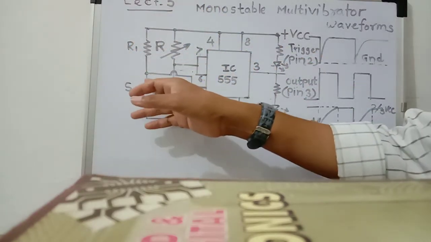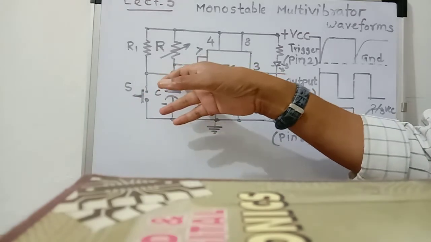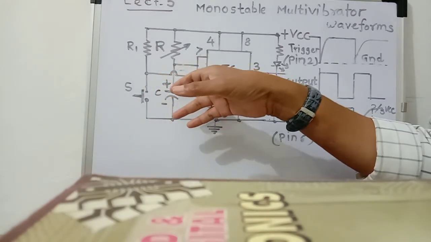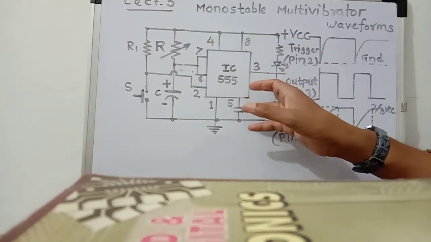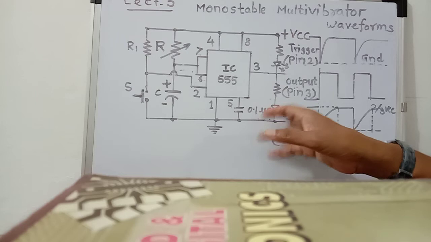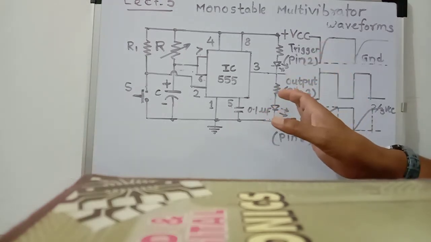Therefore, before applying the trigger, the trigger input voltage is above 1/3 VCC. Therefore, the output at pin number 3 is low and the LED is in the off state.